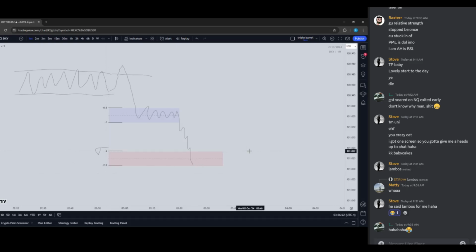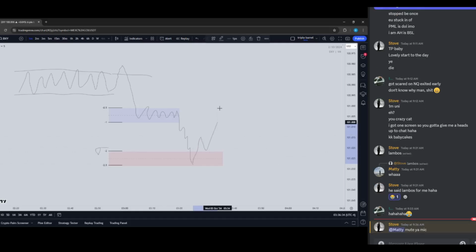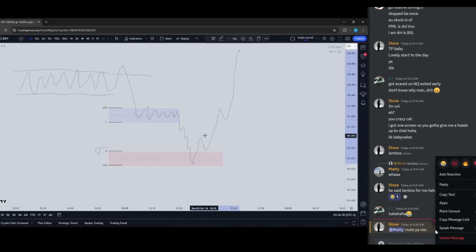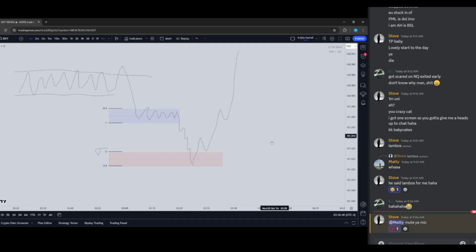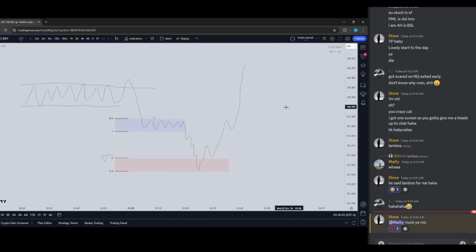So therefore, if we know that it's such low probability that price is going to continue past 2 standard deviations, we basically want to offload our position here, which is why we see reversals happen from 2 standard deviations, right? And that's essentially all that's happening.